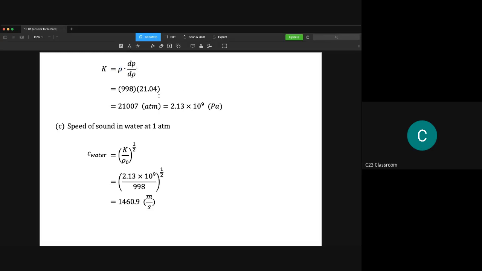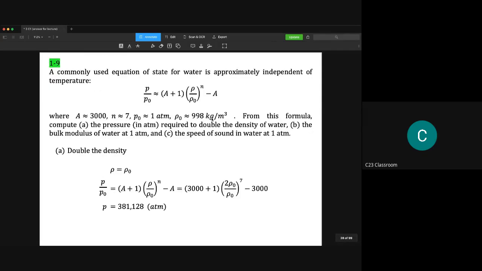We substitute with the equation, and we get the bulk modulus as 21,007, which is equal to 2.13 times 10 to the power of 9 Pascal. So this is the bulk modulus of water at 1 atm.